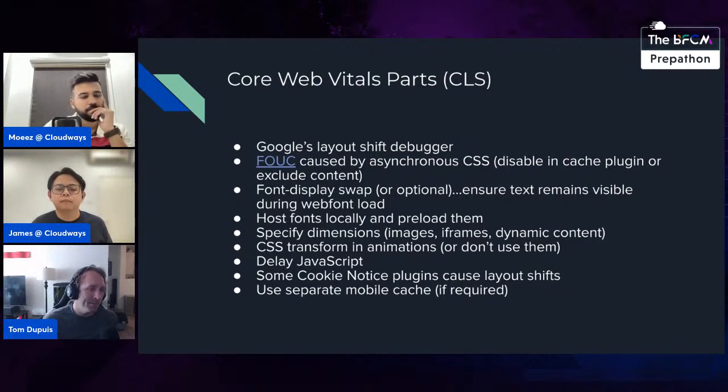So Google has some documentation on basically specifying dimensions for AdSense, using a div code. So just know if your ads or dynamic content are causing layout shifts, use Google's layout shift debugger, look at Google's documentation and see how they do it.